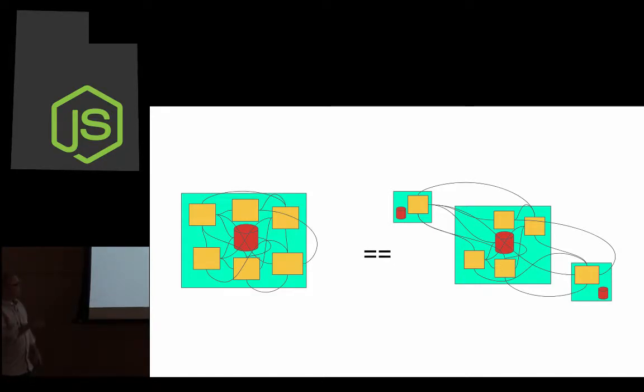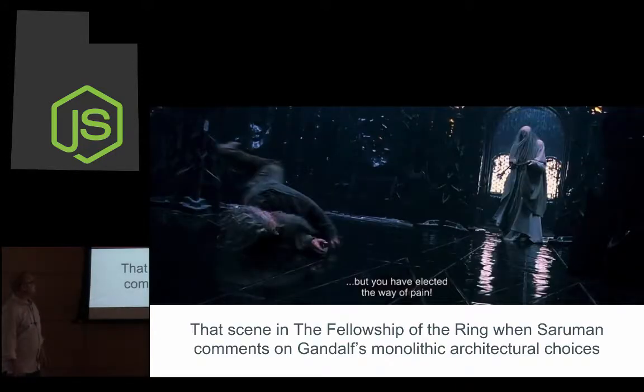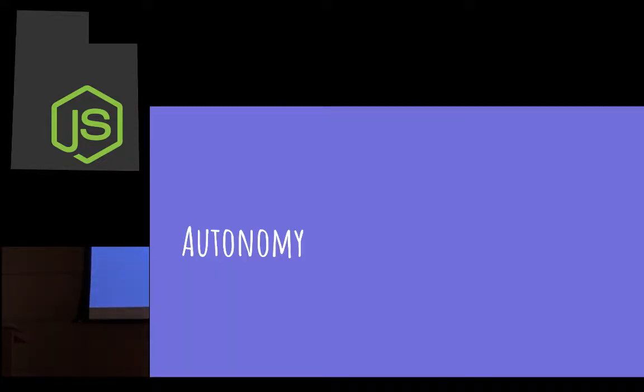In the JavaScript sense, I would say they're double equals one another, because there are significant enough implementation details, but howdy, they're the same thing. And here is a scene of a developer conference from the Fellowship of the Ring when Saruman is commenting on Gandalf's monolithic architectural choices. That's what they were actually talking about at that moment of the movie.